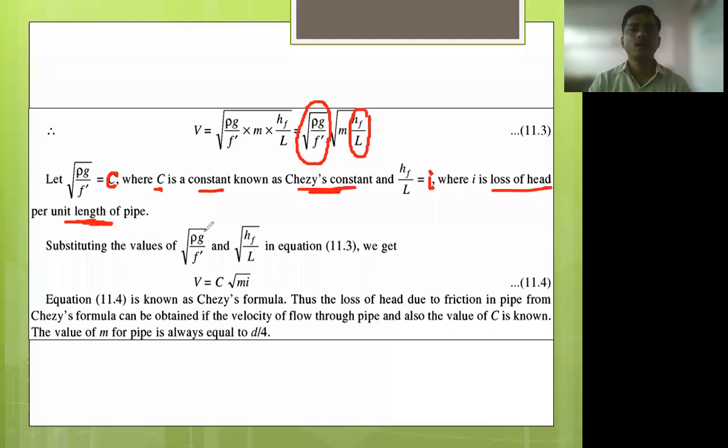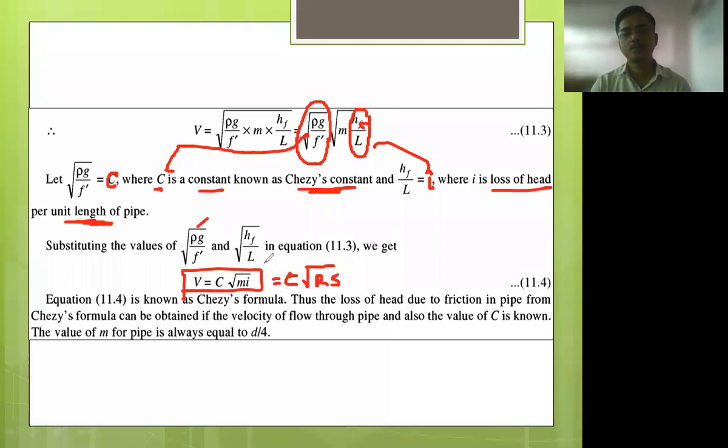Now substituting C here and I here, we get the final equation as v is equal to C into under root of m i, or some authors use the notation r and s. So v is equal to C into under root of r into s. This equation is called Chezy's formula or Chezy's equation.